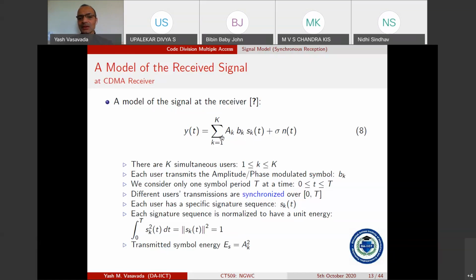Then we can say that the kth user is transmitting an energy which is given by just the square of A of k. By the way, this A is a real number. It is a real and positive number, or real and non-negative number. And so I don't have to do complex conjugation here. It's just the square of a real number which gives me the symbol energy. And this is possible because I've done this normalization.